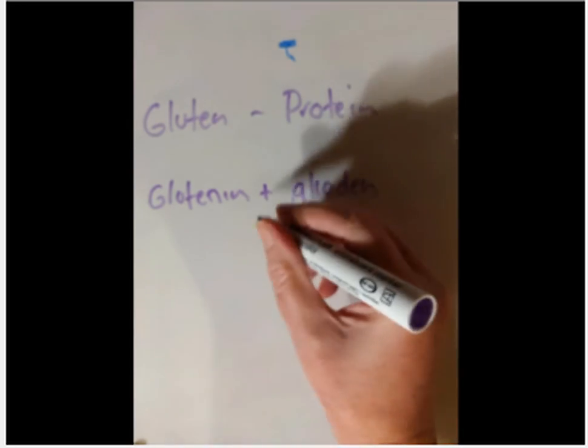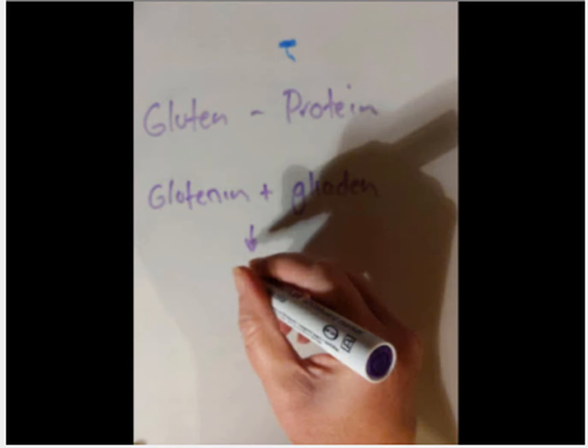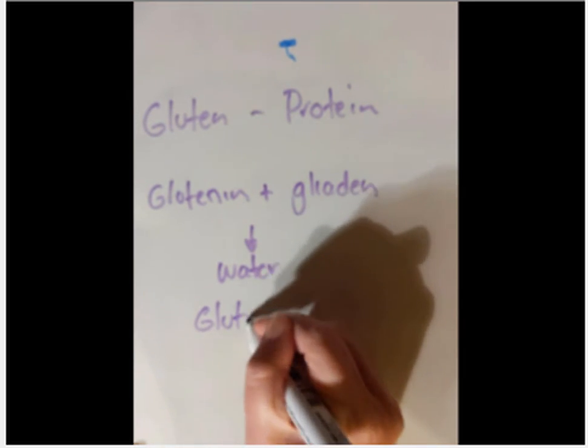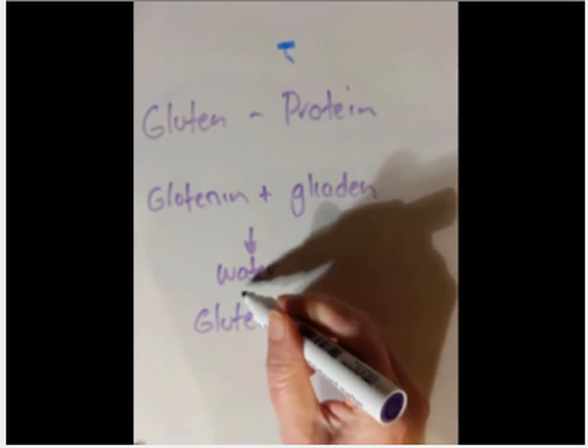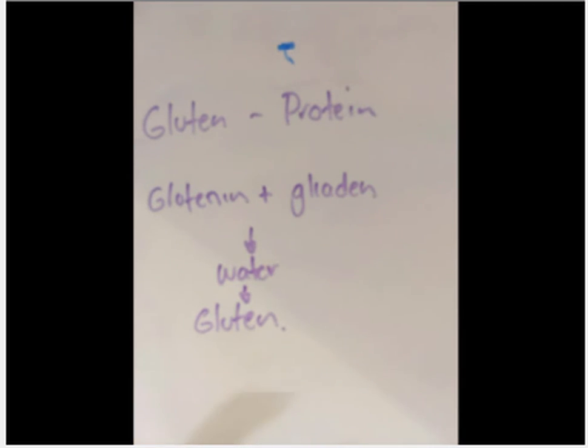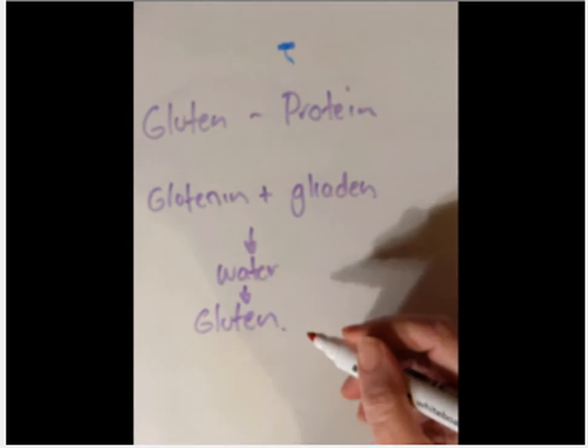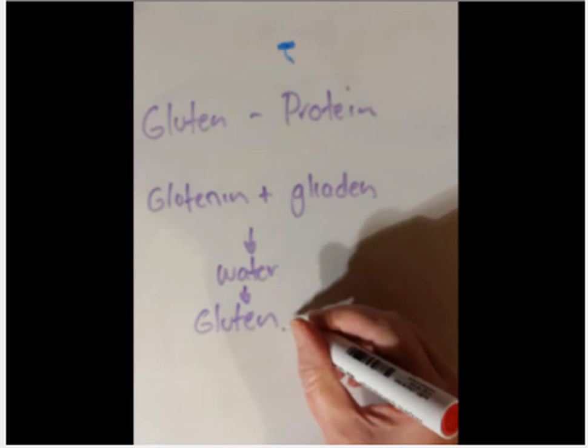And when these two come together, they give us gluten. And it's this protein here that is really what we need to develop.